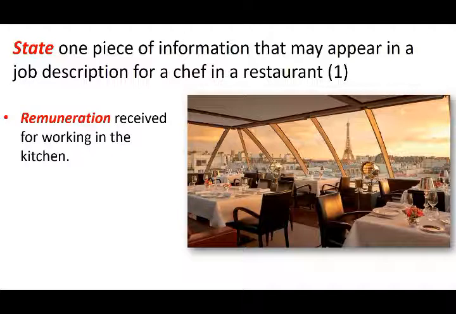Think, pause the video if you need it. Okay. Examples. Remuneration received for working in the kitchen. If you don't write the kitchen, you will not get the mark. Remember that. Because if you only write remuneration received, that's correct, but that's not in context.